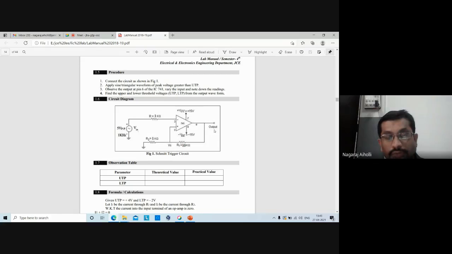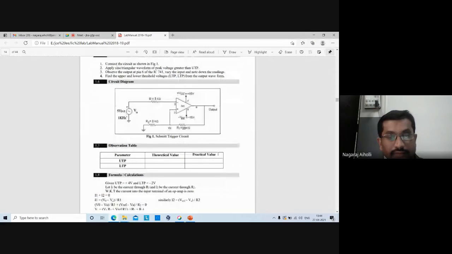So the output switches between positive saturation voltage and negative saturation voltage at these two voltages, UTP and LTP. At these two voltages of the applied input signal, the output switches from plus Vsat to minus Vsat, or from minus Vsat to plus Vsat.